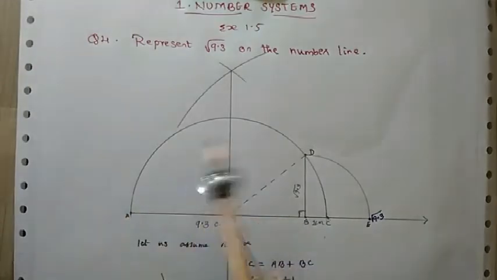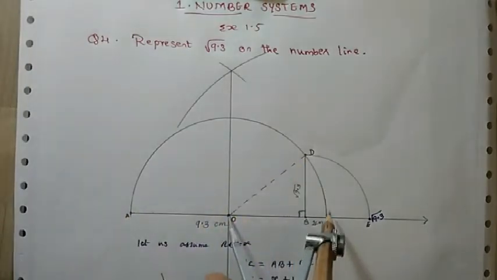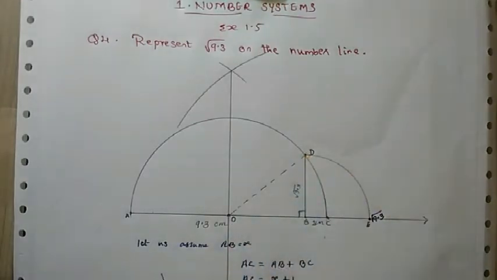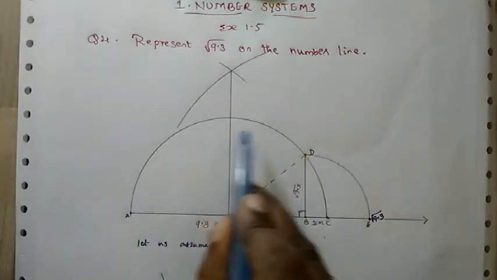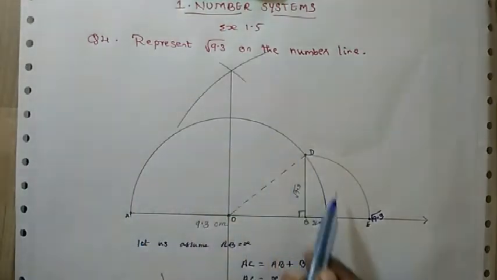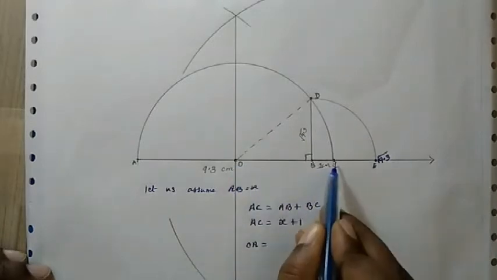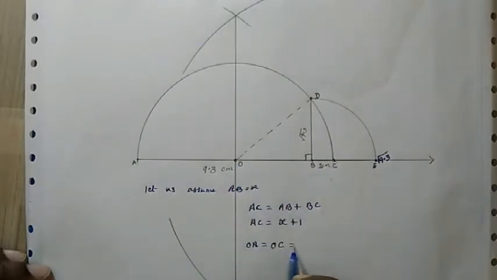So OA, OC and OD, these are all equal because they are the radii of the same circle or the same arc. Therefore OA is equal to OC and OD. These all three are equal.